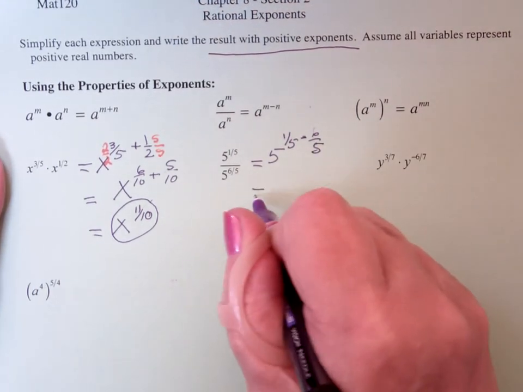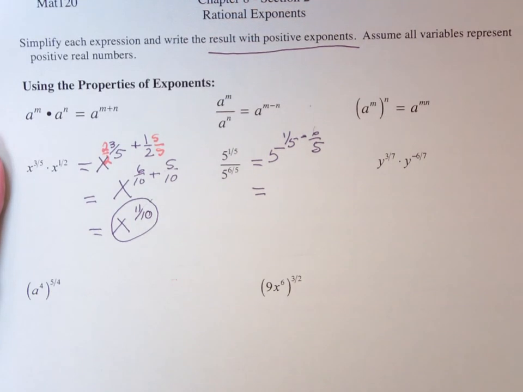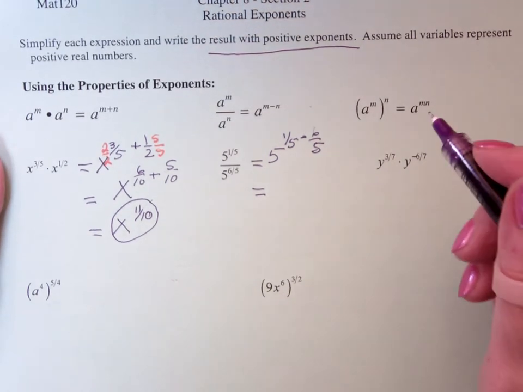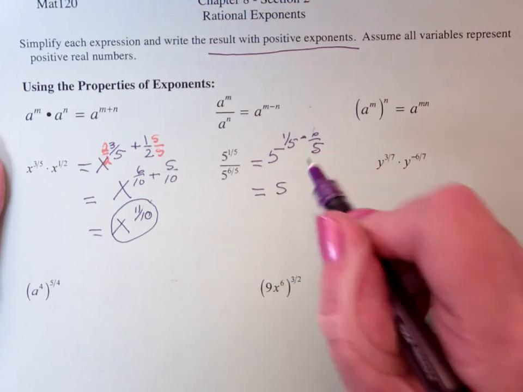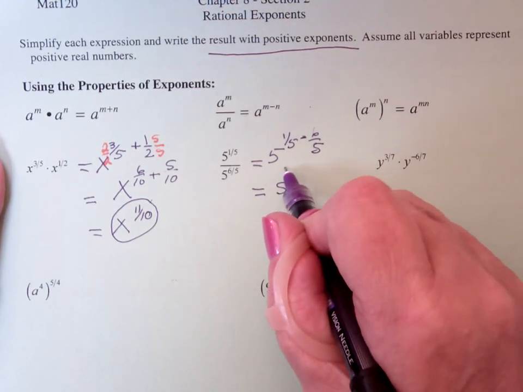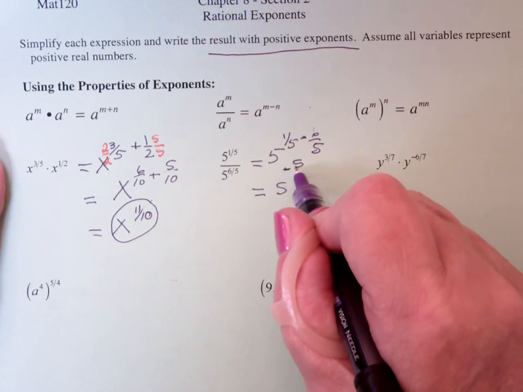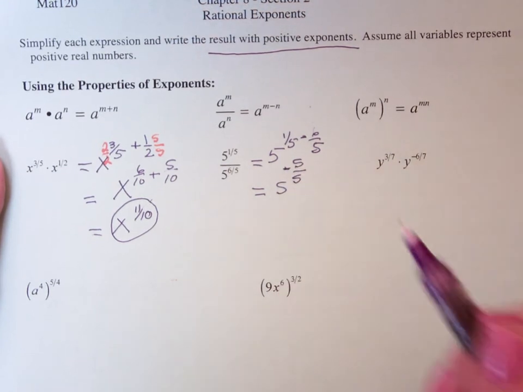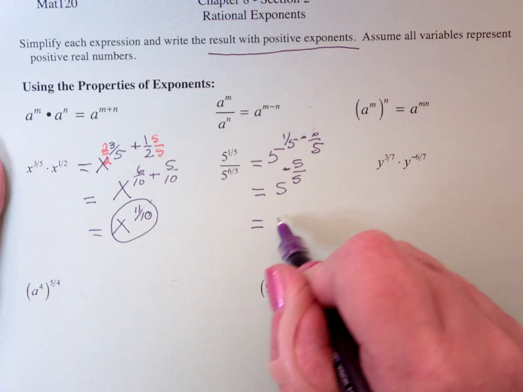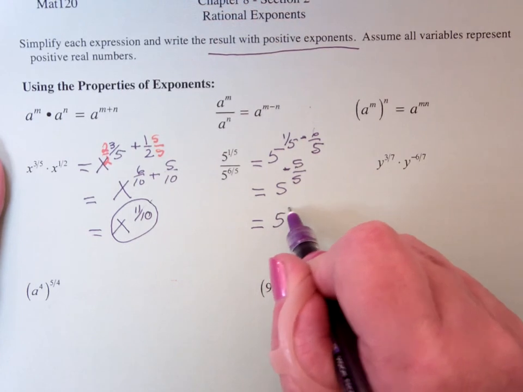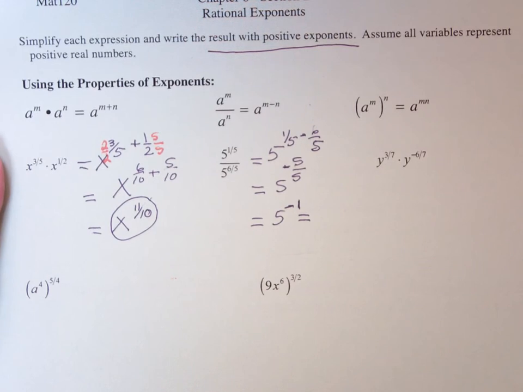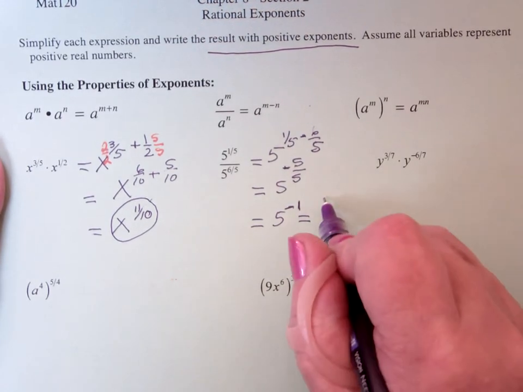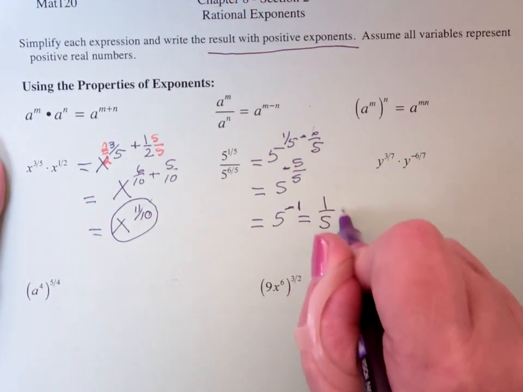The denominators are the same, which means they're the same radical. So 1/5 minus 6/5 is 5 to the negative 5/5, which is 5 to the negative 1. They say write it with only positive exponents, so this becomes 1/5.